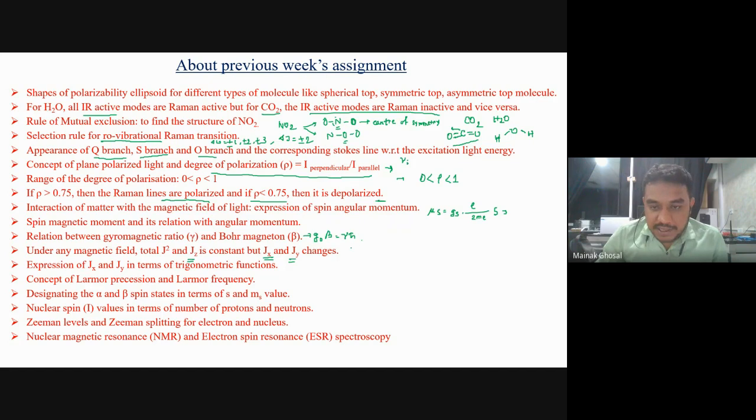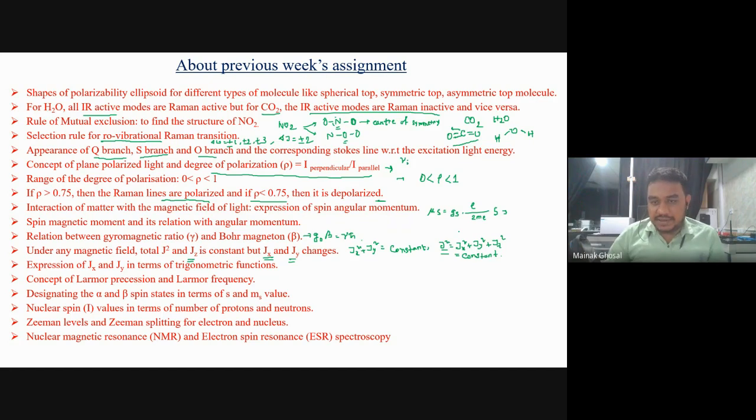But it was shown also that if you square jx and jy and add them, jx square plus jy square will be constant. So j square, which is nothing but jx square plus jy square plus jz square, will be constant. So it was confirmed from here that j square and jz, these two will be constant.